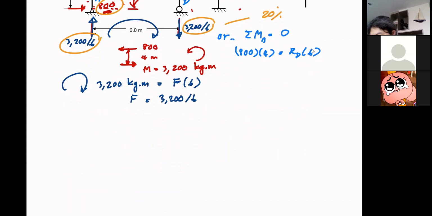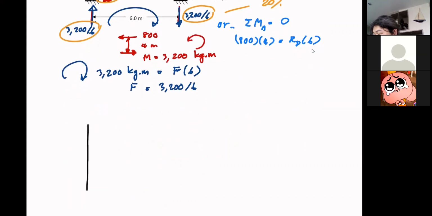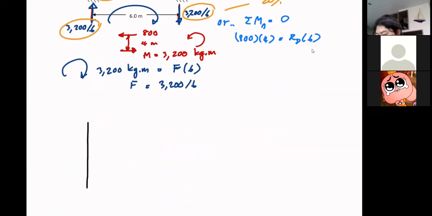Now, I don't even have the solution with me because I kind of like to go like this. Now you know that this, it's too dark, let's change it. Just the blue one. This is equal to 3200 over 6. Right? So maybe it's fair enough.